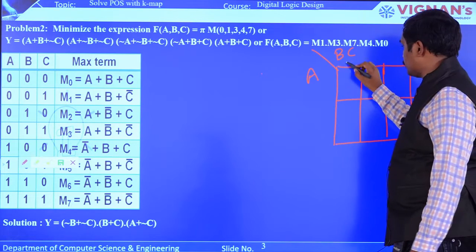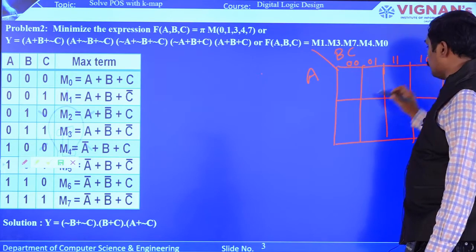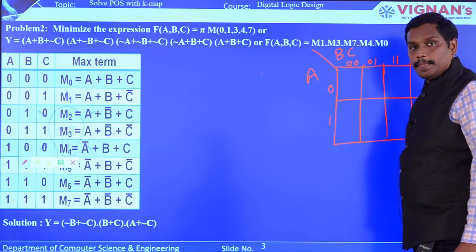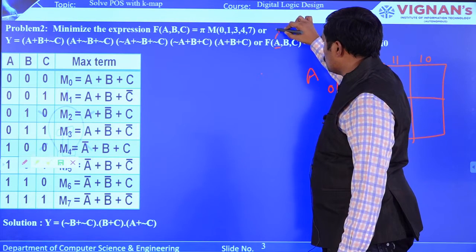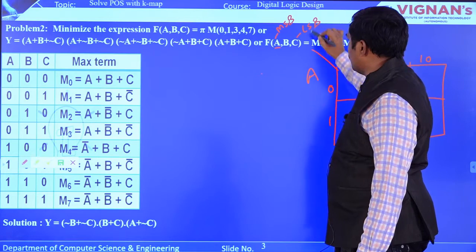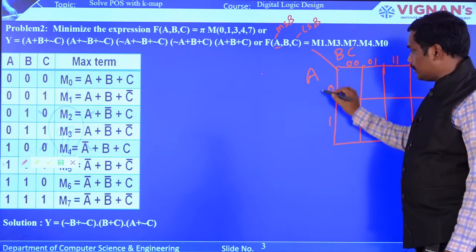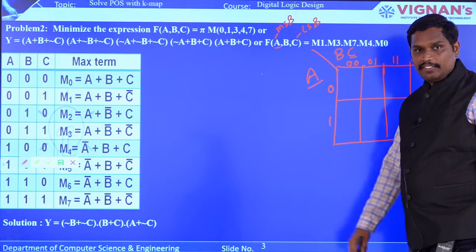here it is 0, 0, 0, 1, 1, 1, 1, 0, and this is 0 and 1. And whenever the expression is given to you, this will be the most significant bit and this will be the least significant bit, and you have to construct the Karnaugh map in such a way that the most significant bit is followed by the variables and the least significant bit.